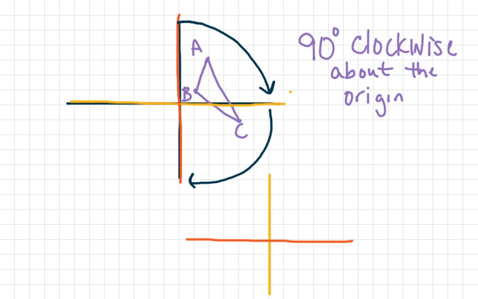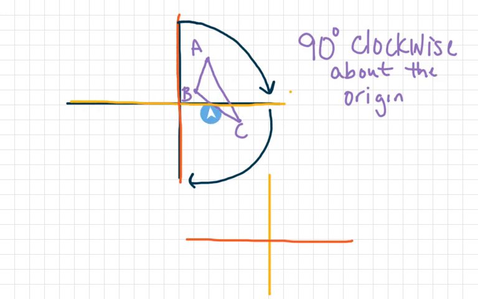So if we look at where A is, 2 to the right on the yellow axis. So if I turn that, I'm going to go 2 down on the yellow axis.